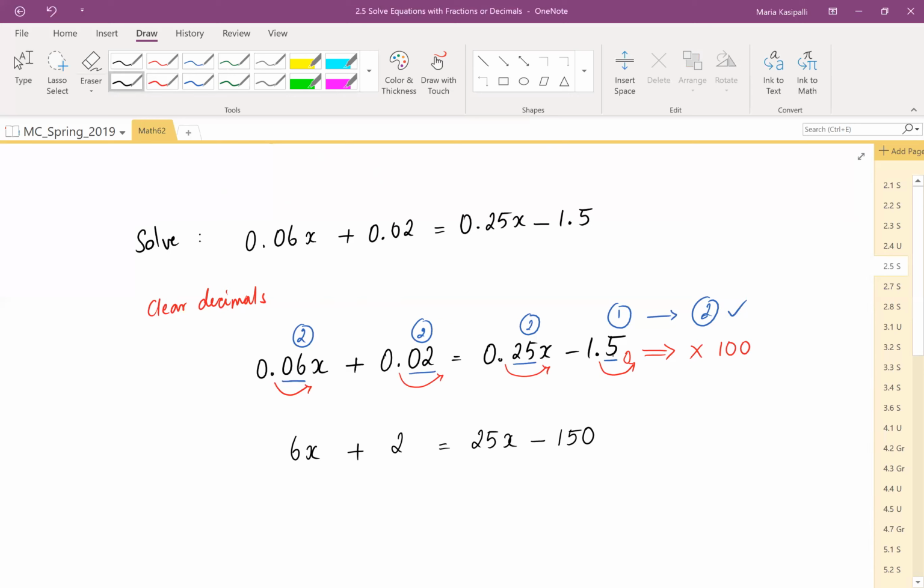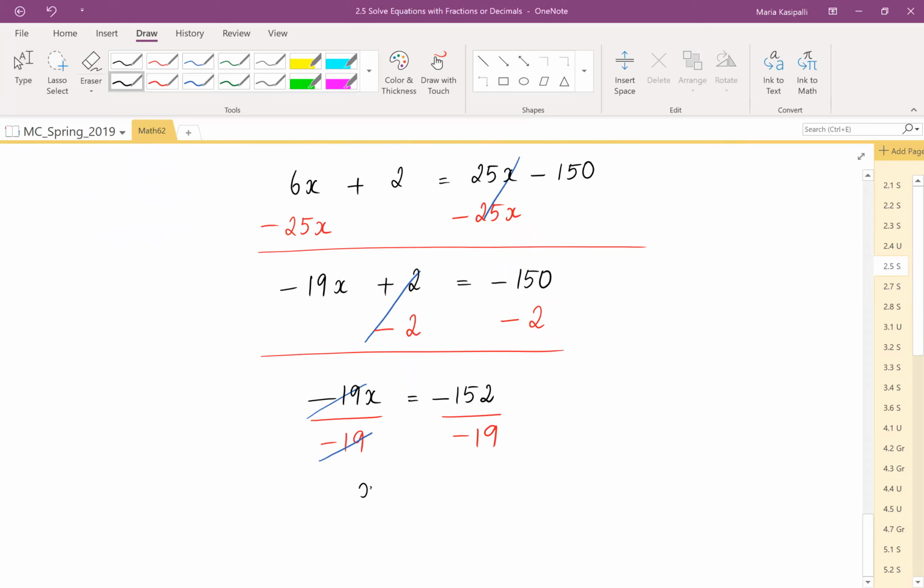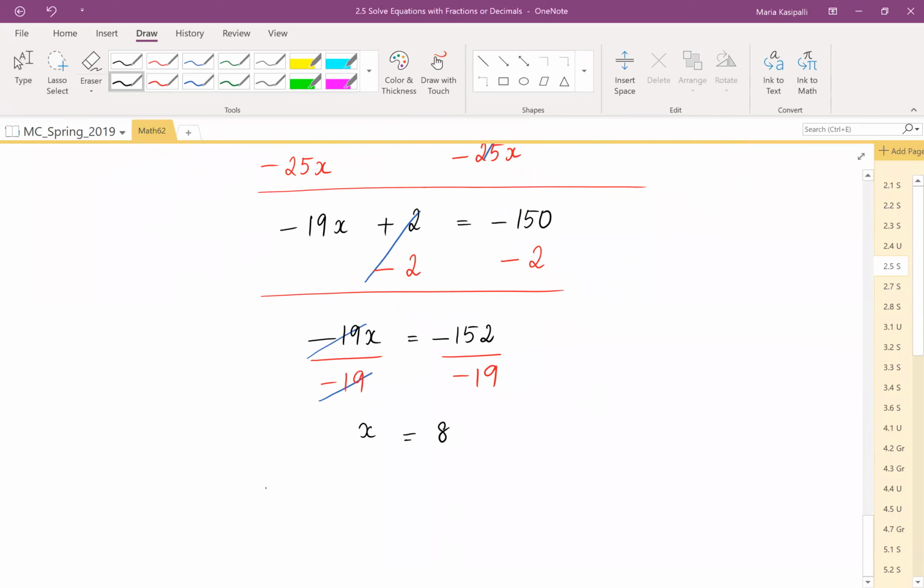You want to do the negative 19 because you want your x without the negative sign, so x is by itself. Negative over negative is positive. 152 over 19 in your calculator gives you 8. Again, perform a check and confirm your answer. x equals 8.